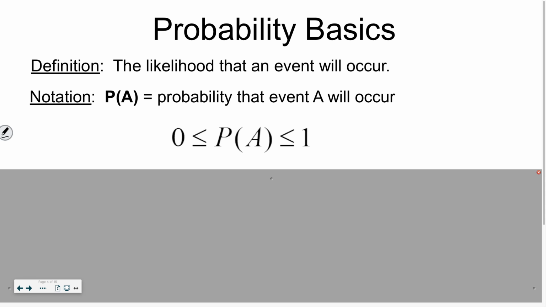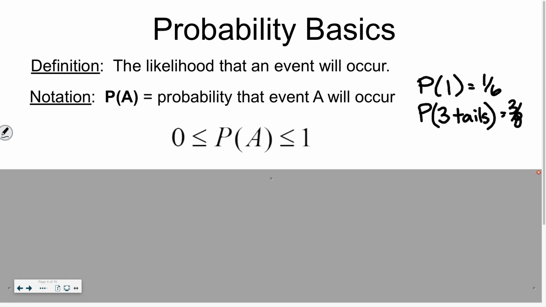So if we wanted the probability of rolling a 1 on a single die? 1 out of 6. Or in that other example with the sample space, what's the probability that we get 3 tails? And we said 3 out of 8.